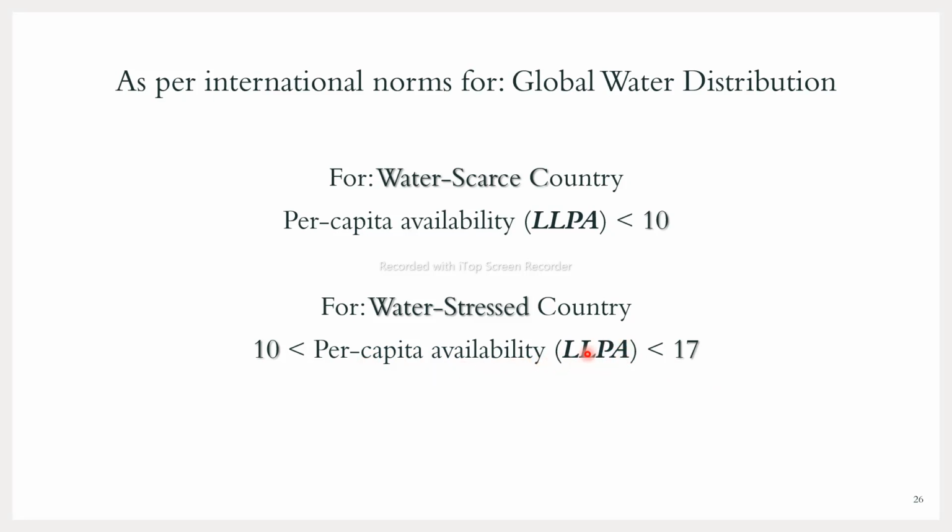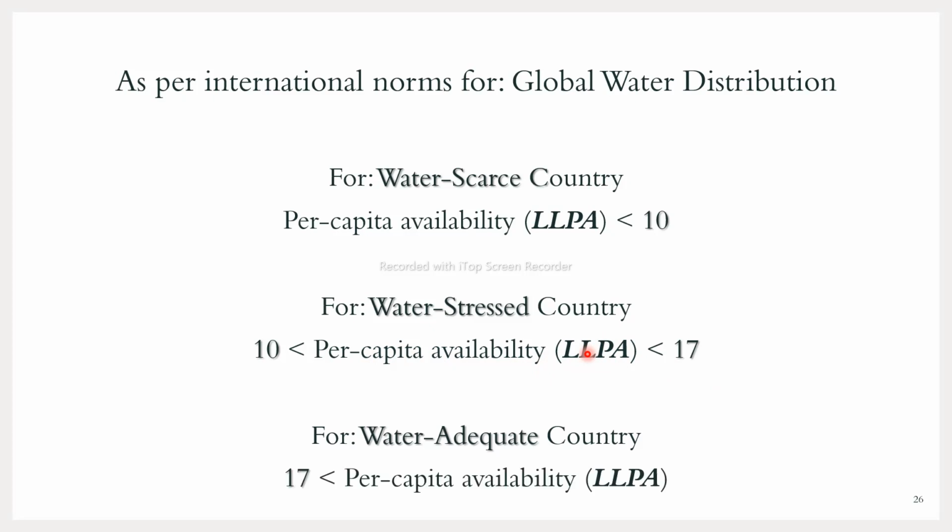And for a water adequate country, the per capita availability will be more than 70. So majorly all the countries are divided into these three categories.